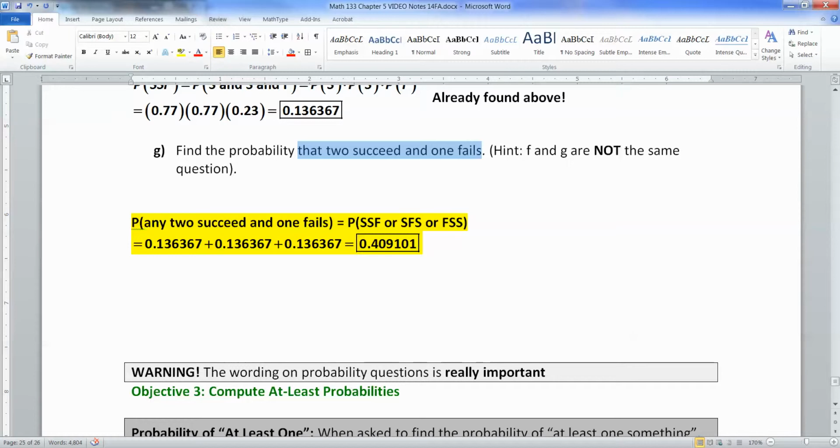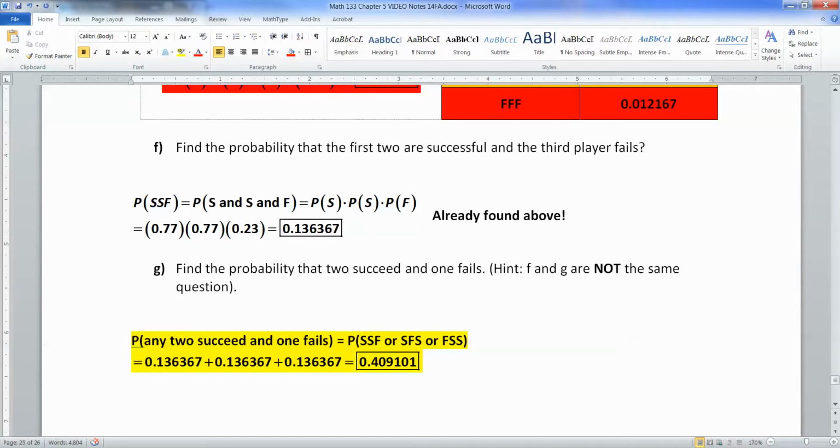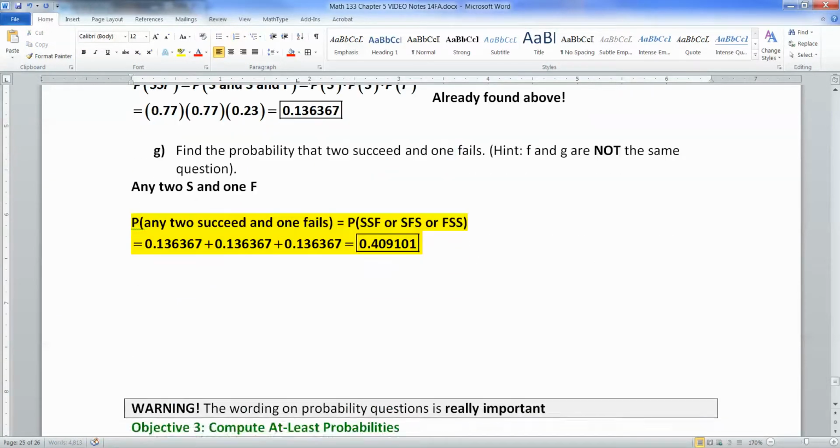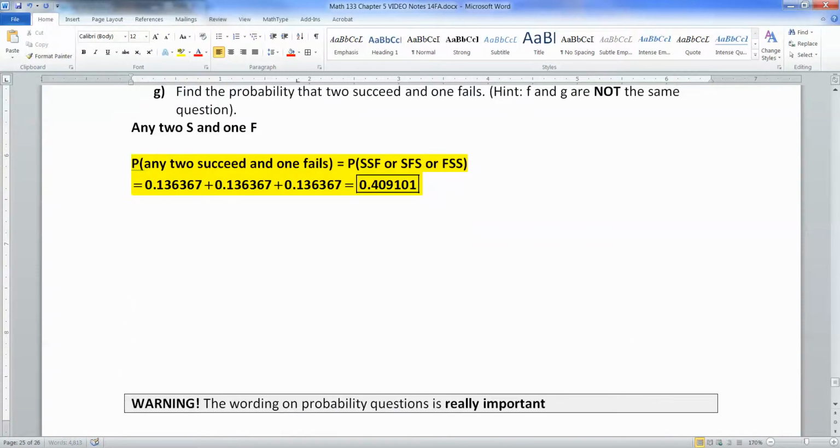Two succeed and one fails, that's this. First two are successful and the third one fails, that's SSF in particular. This one is any two S and one F. And it's all based in the English. So you've got to be super, super, super cautious when you're reading the wording of these problems.